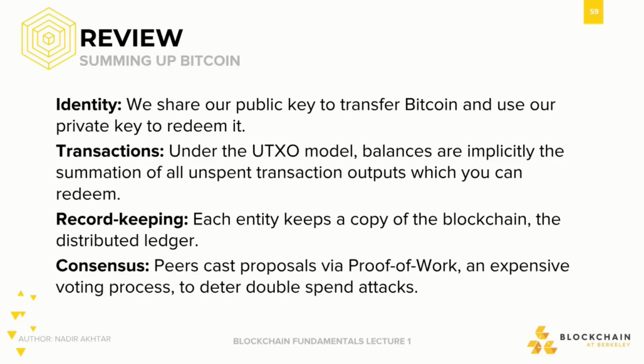Record keeping, we use a blockchain where we take blocks of transactions and store them in chronological order. We make sure that they're not mutable as soon as they're on the blockchain, and we make sure we're all on the same page using a consensus protocol called proof of work, where we tie voting power to spent resources. Right? Okay, that's what we learned today. Cool. So you can kind of explain Bitcoin to your grandma or your roommate. We all feel confident about that?